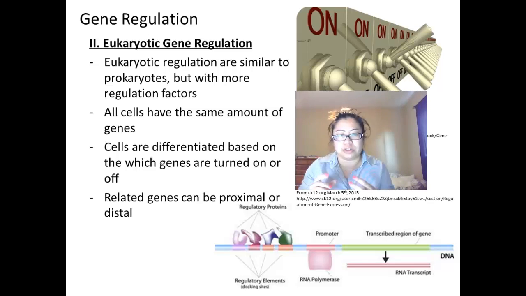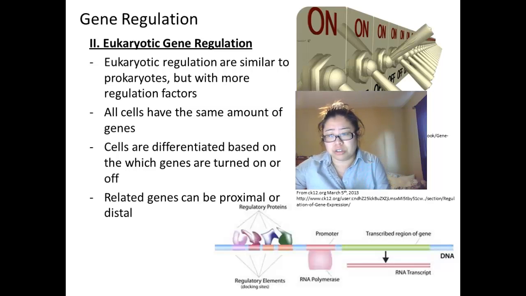In prokaryotes, the genes that are transcribed together are next to each other. But in eukaryotes, genes can be next to each other, or within 1,000 or 2,000 kilobases of each other, which is proximal, meaning close, or distal, where the sequence for another part of the encoded protein could be all the way on another chromosome.